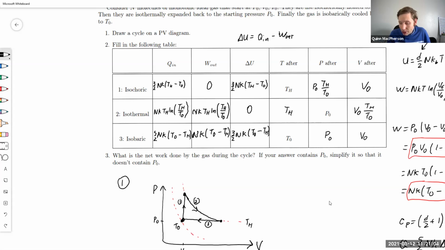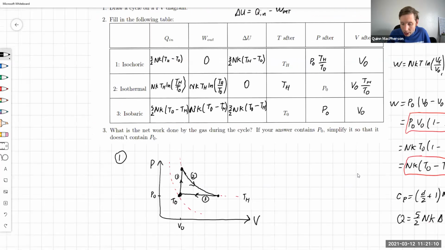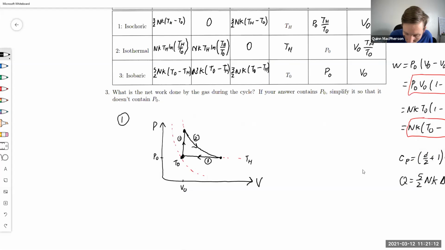So that fills out this table and answers number 2. The last thing we're told to solve in this problem is to find the total work done. So number 3. The total work done is equal to the area inside the PV curve. Basically, we just need to add up all of the works.